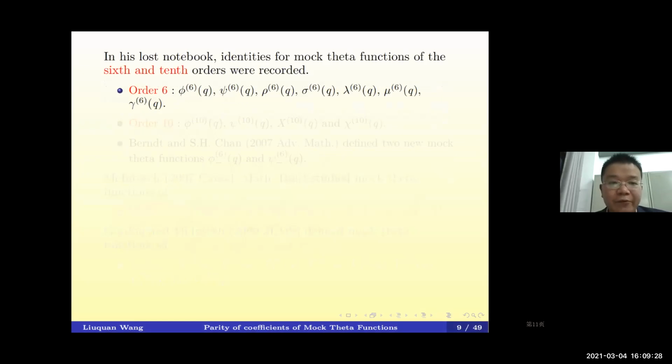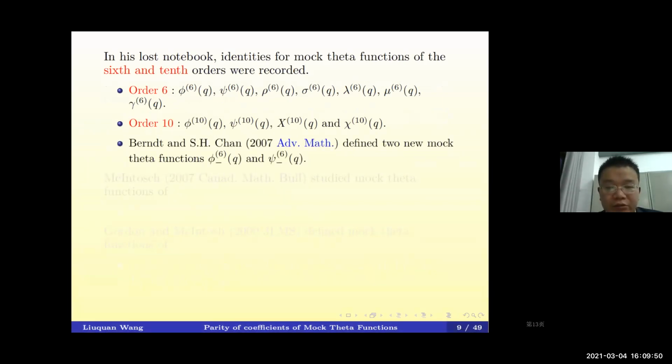As I said before, in his lost notebook Ramanujan also recorded some identities for mock theta functions of order 6 and order 10. Here I just list the symbols for these functions, and I will not give the explicit definitions unless we meet them in the later part.